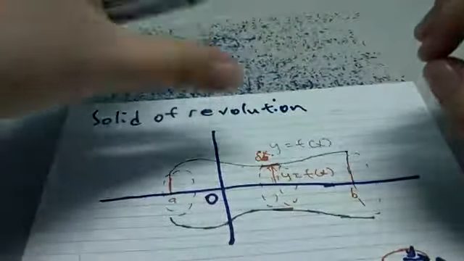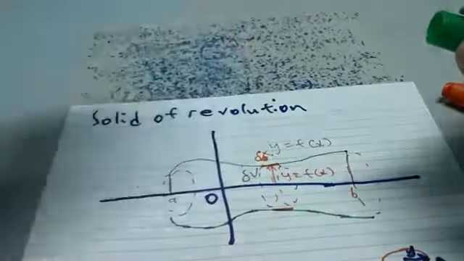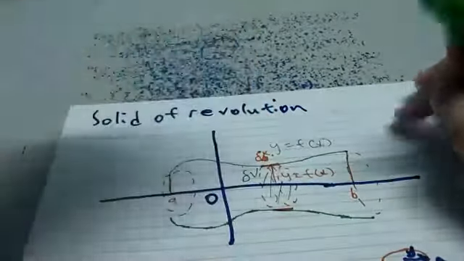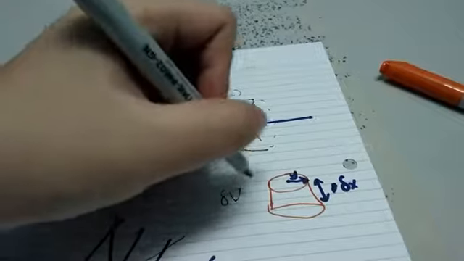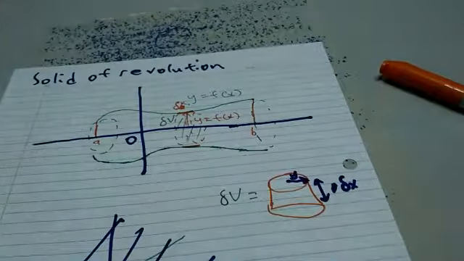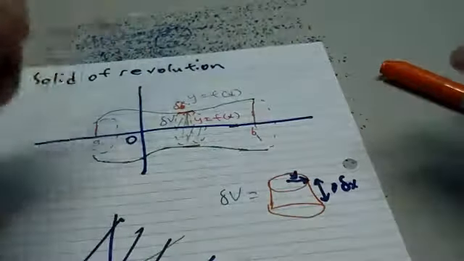If I take a part, it means I take part of the whole volume, which I call delta V. Delta V is equal to this geometric solid. If we look carefully, this solid looks like a cylinder.